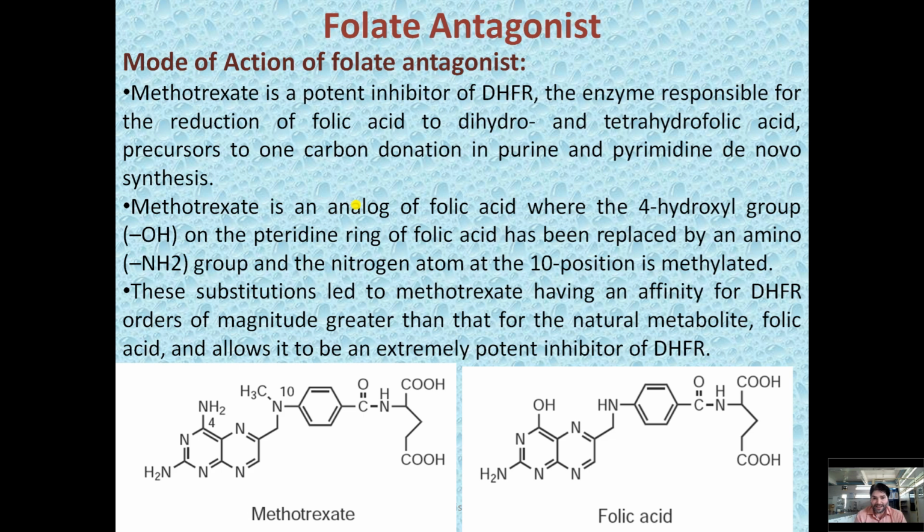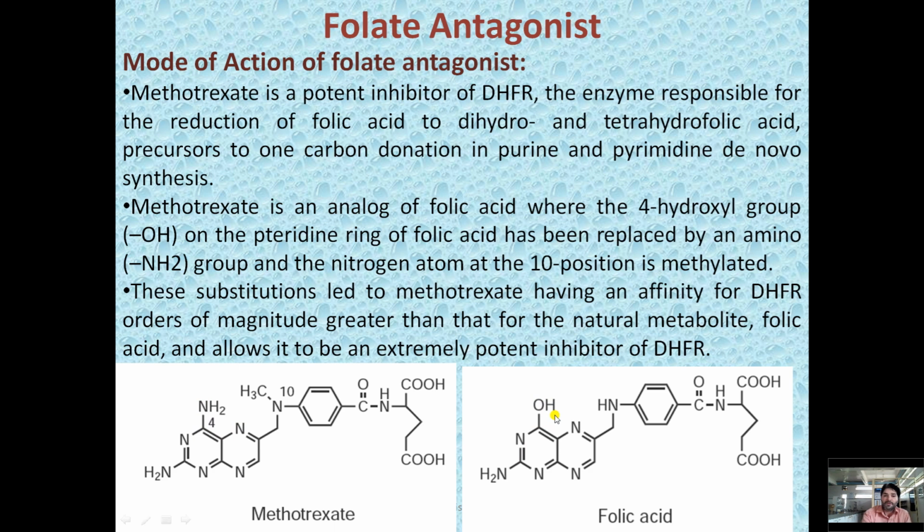Methotrexate is an analog of folic acid, where the 4-hydroxyl group on the pteridine ring of folic acid has been replaced by an amino group. So, you can see here, this is the 4 position, where an amino group is present in methotrexate, while in folic acid there is a hydroxyl group.